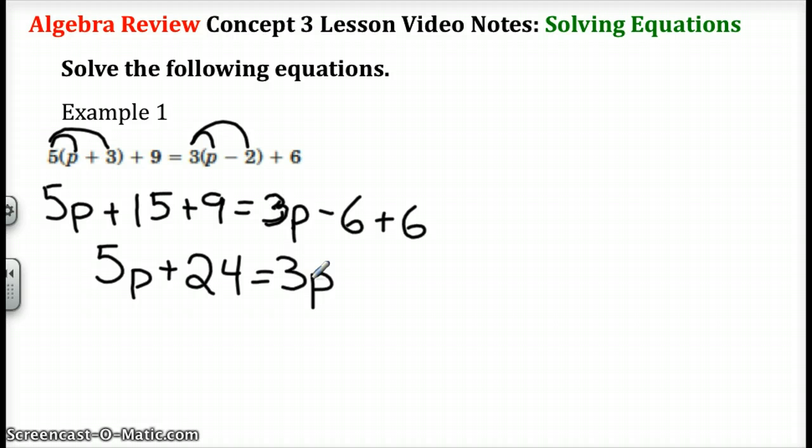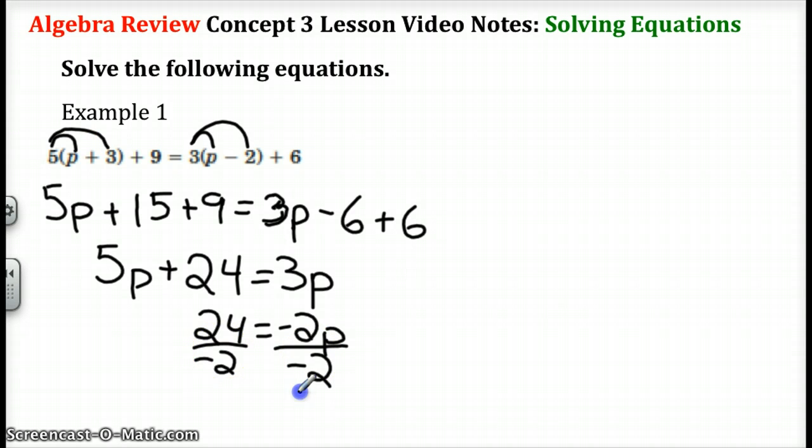Now from here, we want to move all of our p's to one side of the equation and have all of our constants on the other. So we're going to subtract 5p from both sides, and we'll end up with 24 is equal to negative 2p. Then we're going to divide by the negative 2 to get p by itself, and we end up with p being equal to negative 12.